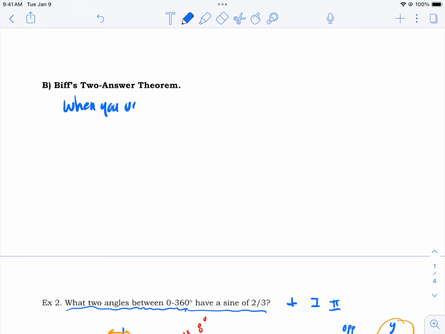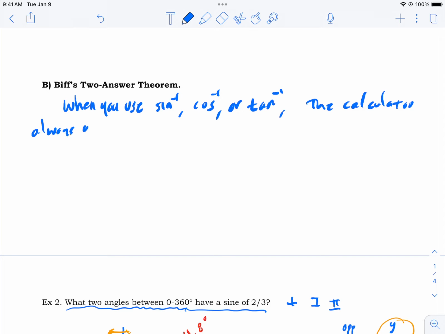When you use shift sine, shift cosine, or shift tangent, the calculator always gives an answer between, and I think I want to say between negative 90 and positive 90 degrees.